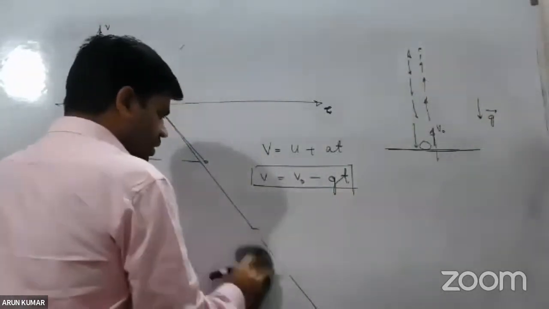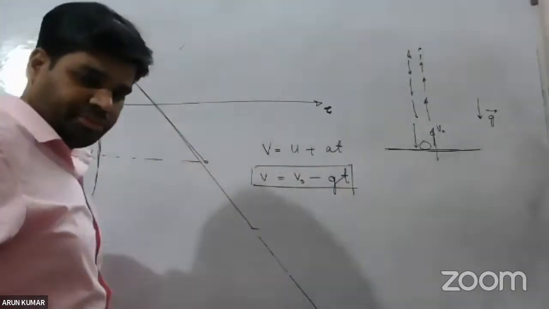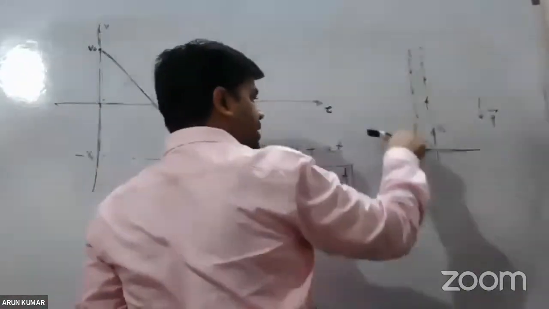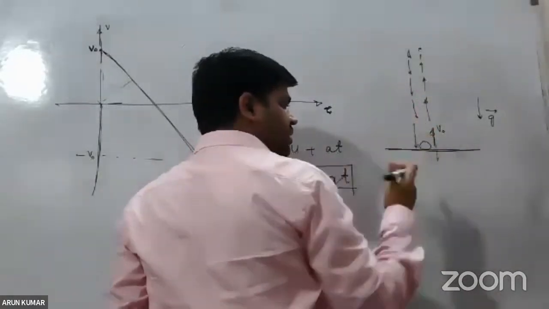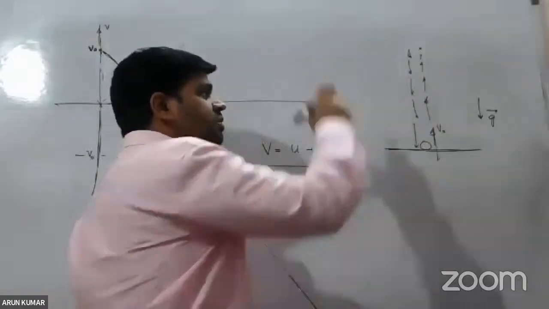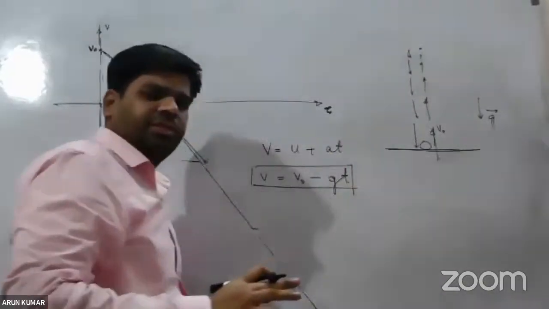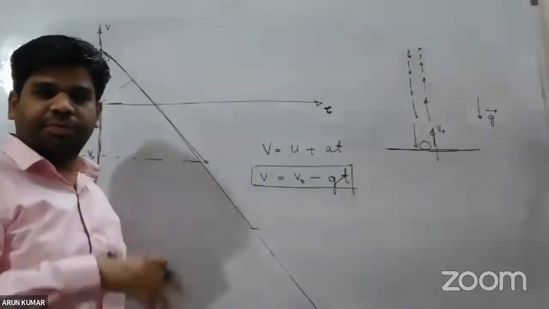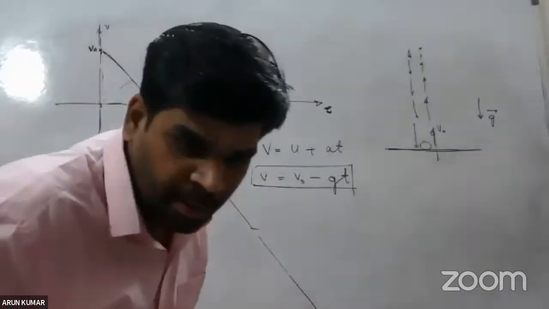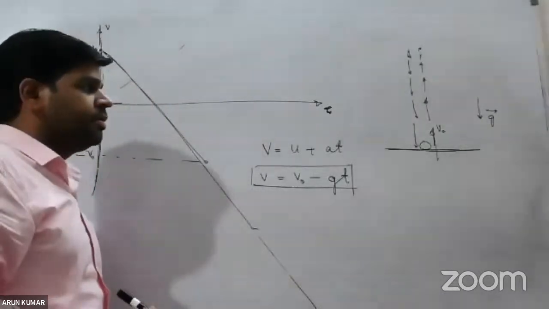Why not? Because when it goes up and comes back and hits the ground, it again goes up and down. Let's say there is no loss of energy, it continuously goes up and down. That is the most ideal case, not a practical case.